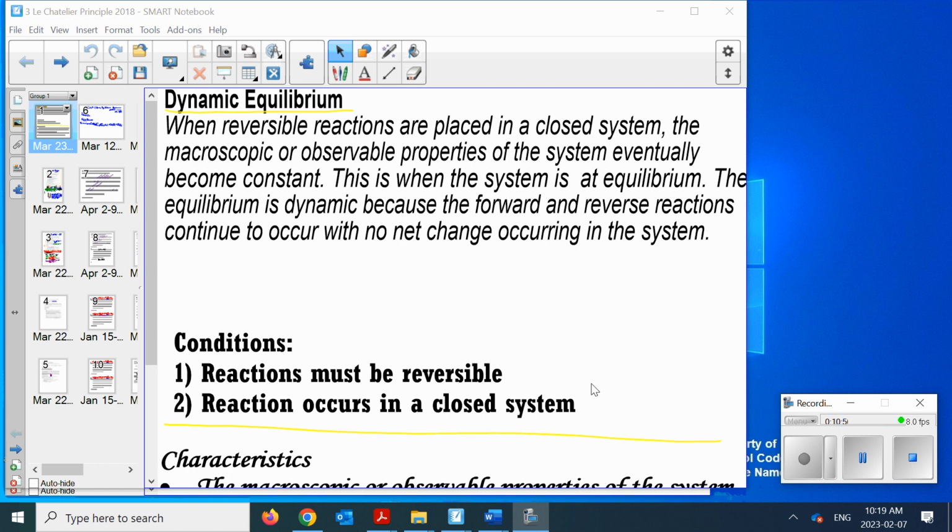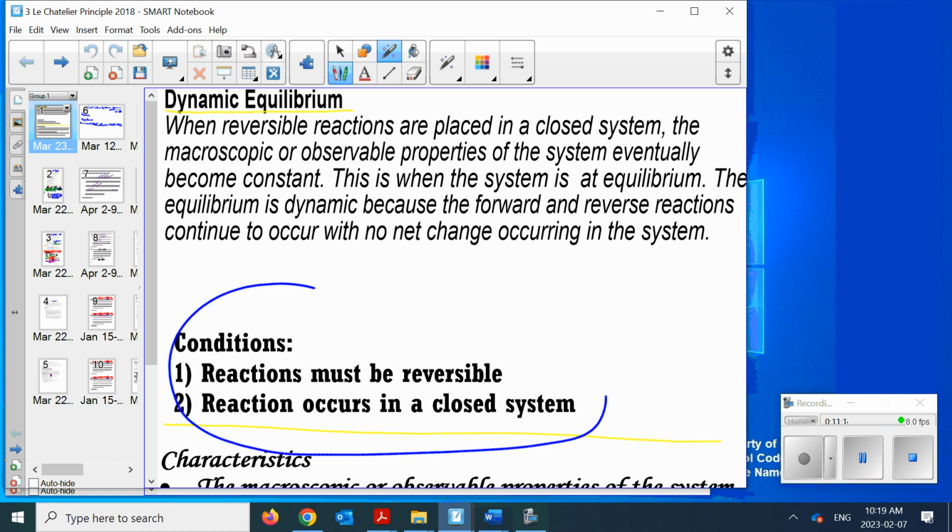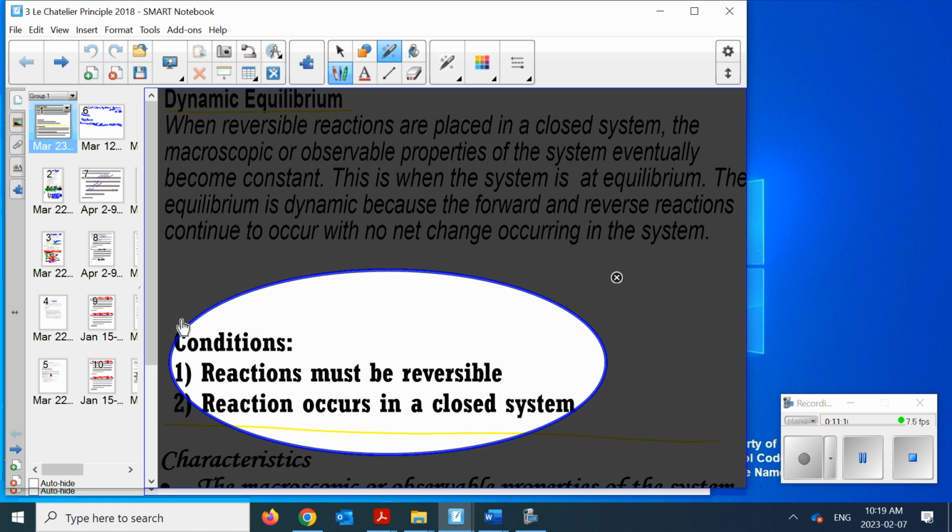Now, you jot this down at the top of your page. You don't have to do these notes, but at the top of this page: Conditions. Closed system and reversible reaction. So, for conditions for equilibrium, if you want to add something, this is what I want you to get out.